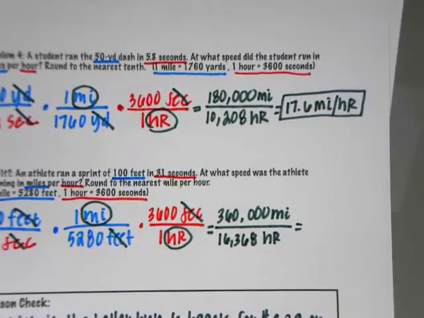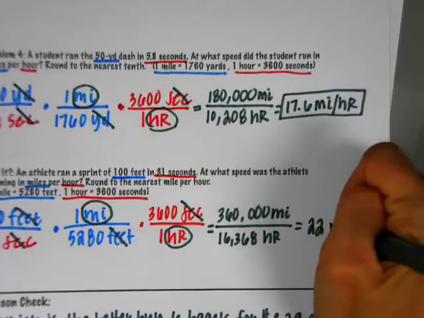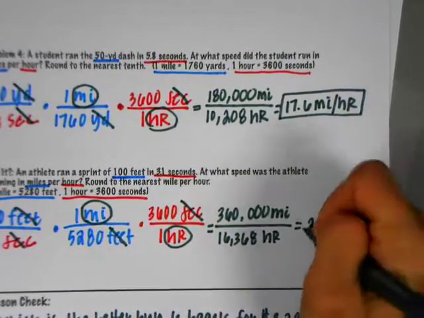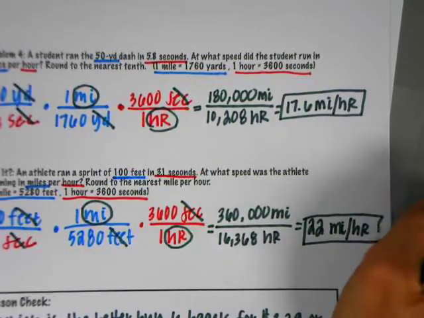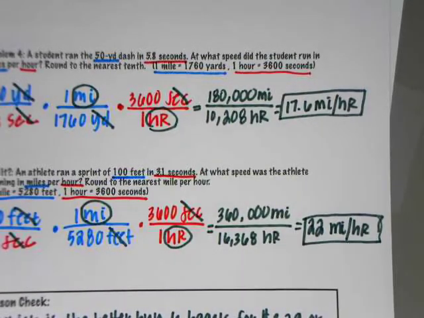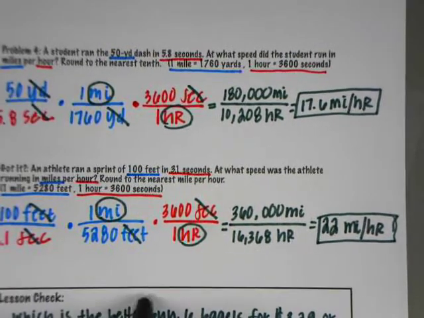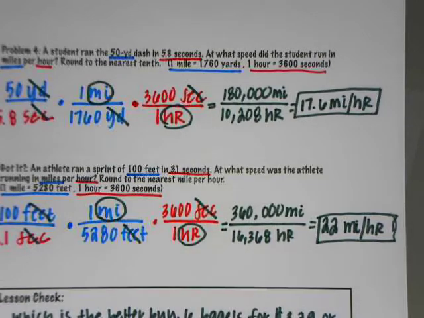Divide that, and it's like 21.99 something, so you should have 22 miles per hour. All right, got it? Okay, so if you can master these double ones like this, you'll be straight, okay? And then in chemistry, you'll bump it up, but you're not going to notice the difference because now that you know how to do multiple, you just carry it on, okay?